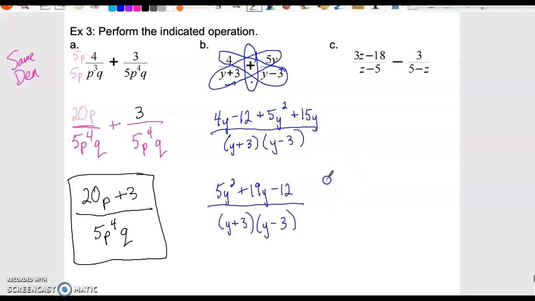Because we can get 5y times y. Well, this might be where doing that AC method we learned before would be helpful, like negative 60, and then factors in negative 60. That would give me 19. Let's see, it's 15 and 4, right? Except it's 15 minus 4, so that doesn't work.